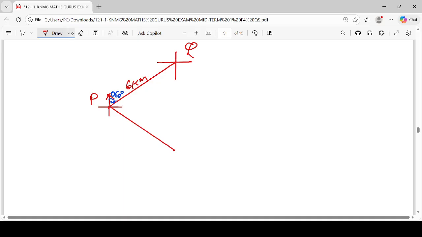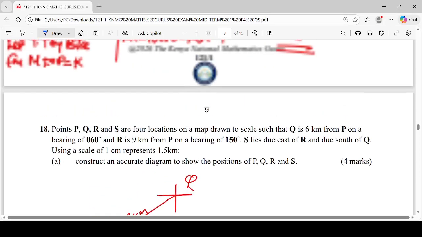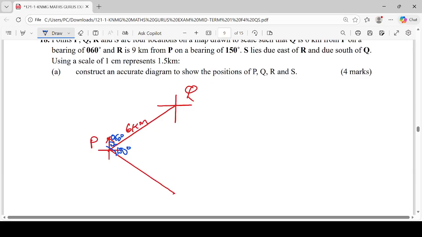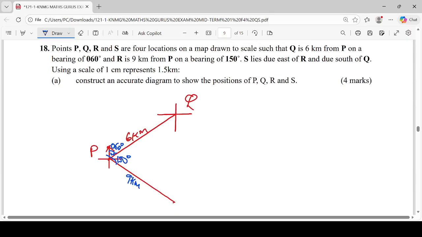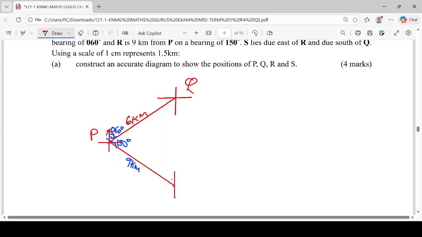Such that from the North Pole up to here, it is 150 degrees. But remember, we have said that R is 9 kilometers. So this distance here is 9 kilometers. So here we can locate our compass because it's very important to have your compasses located like that. So this is R.